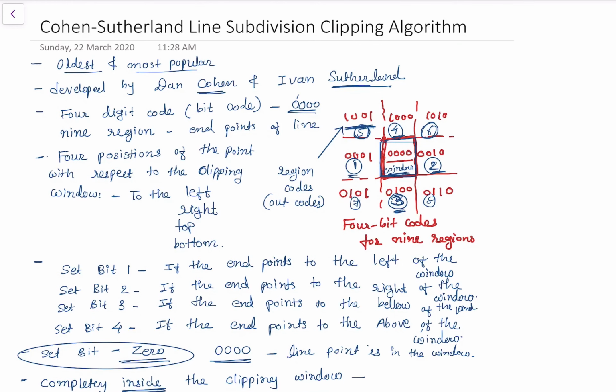For that, we have to make 4-bit codes and 9 regions. All of the 9 regions work on left, right, above and below conditions. This way we can solve this Cohen-Sutherland line subdivision algorithm.